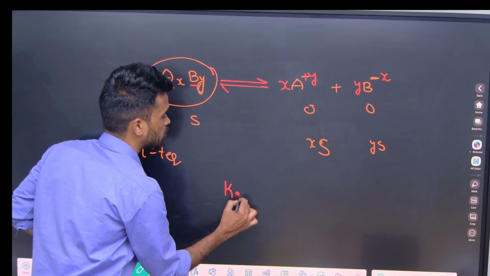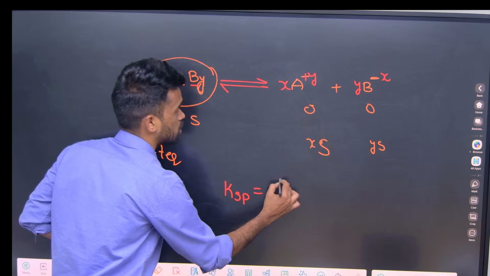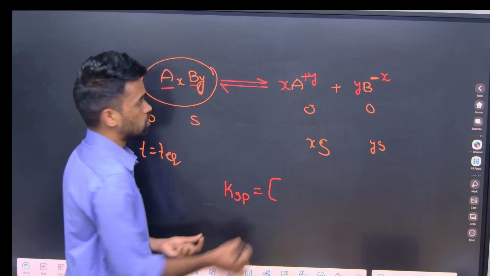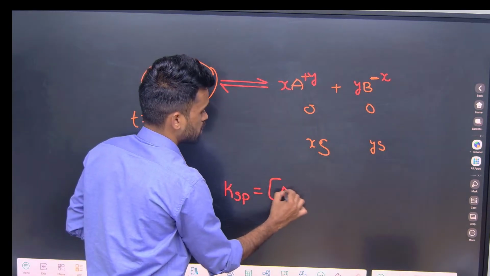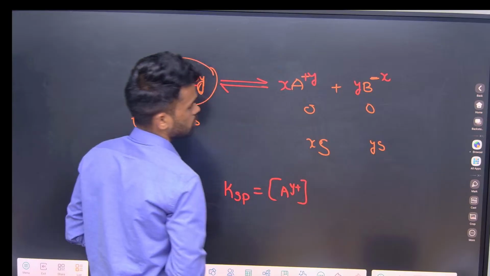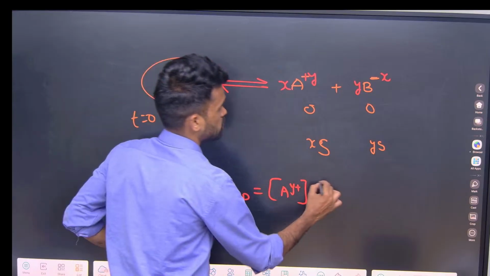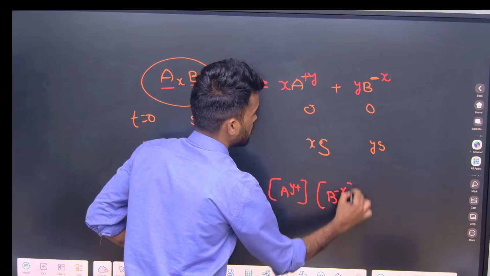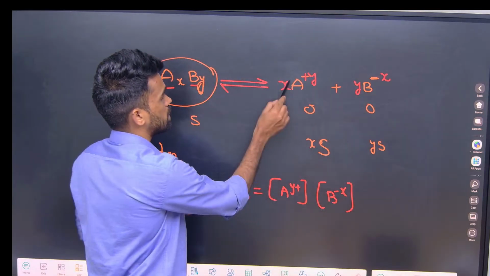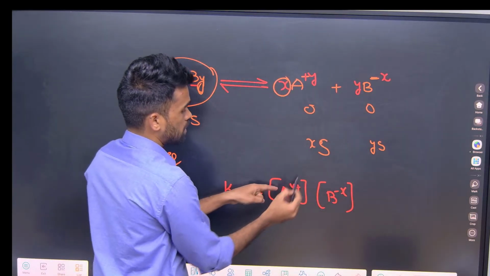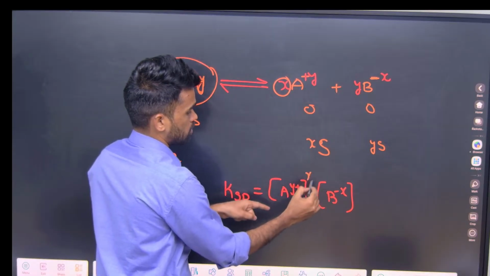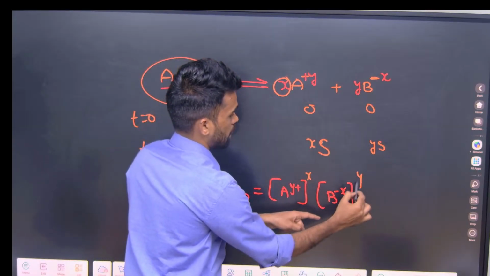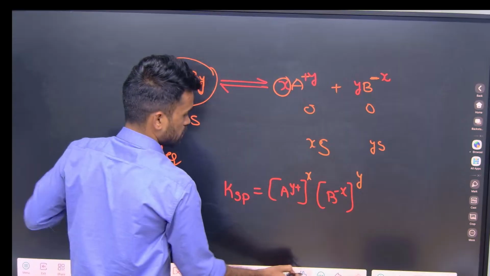Now the product of those two ions' concentrations is considered to be the solubility product. Okay, now I can write, what ions do we have? A ion as well as B ion. Okay, now what are the stoichiometric coefficients here? So write the power to that ion. Okay, for this Y, like this. Okay, that's it.